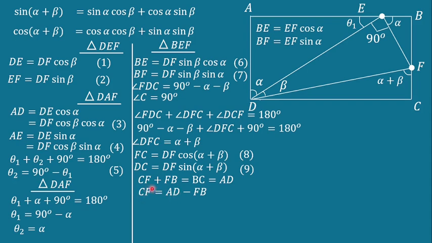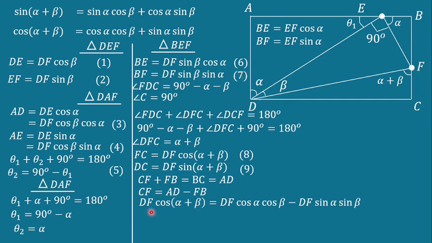let me first set the equation into this form. CF equals AD minus FB, and now putting the values from this equation, I can write DF cos of alpha plus beta from equation 8 for CF, DF cos alpha cos beta from equation 3 for AD, minus DF sine alpha sine beta from equation 7.